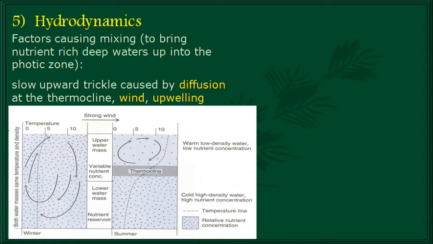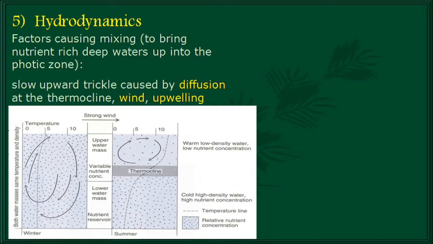However, as this transitions towards your spring and summer, your water column becomes what is called stratified. There are layers of water masses where your upper water mass is warmer and less dense.